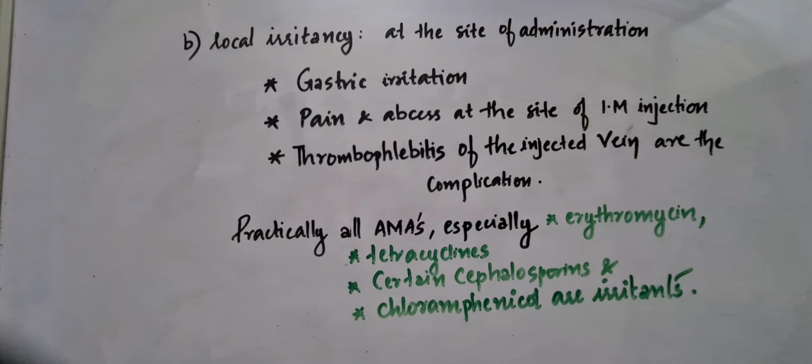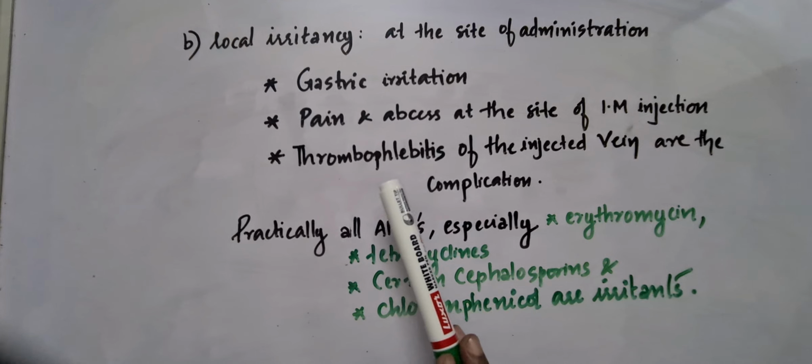The next one in toxicity is local irritancy, that is, irritation happens at the site of administration alone. They are gastric irritation, pain and abscess at the site of IM injection, and thrombophlebitis of the injected vein. So what is thrombophlebitis?